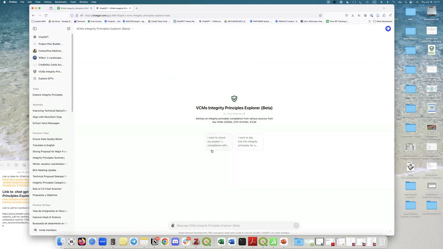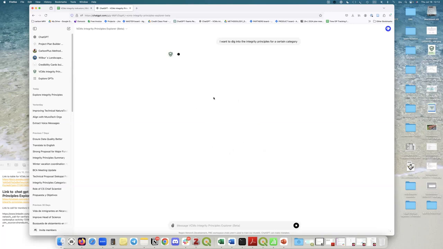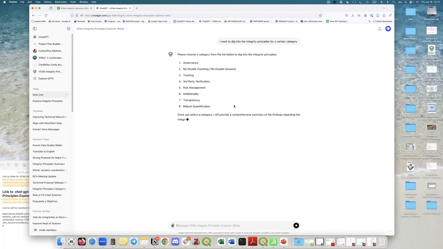So you put all the information of a project, and it's fed with all the information from the table. So you can start asking questions to ChatGPT in terms of compliance in additionality, or what's missing, or what are the things that you want to dig further, or what are the improvements that you can do.